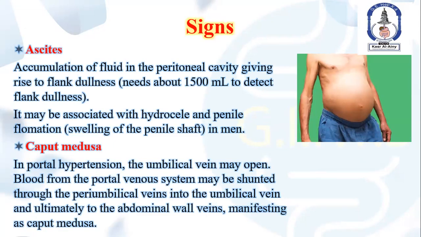What about caput medusae? Caput medusae is one of the signs of the opening of portosystemic shunts or portosystemic collaterals, because in portal hypertension the umbilical veins start to open again, and the blood from the portal venous system will be shunted through the periumbilical veins into the umbilical vein and ultimately the abdominal wall veins, and they look like caput medusae.